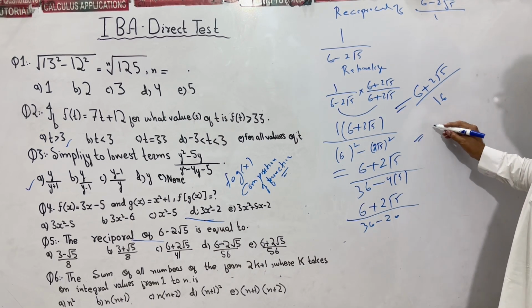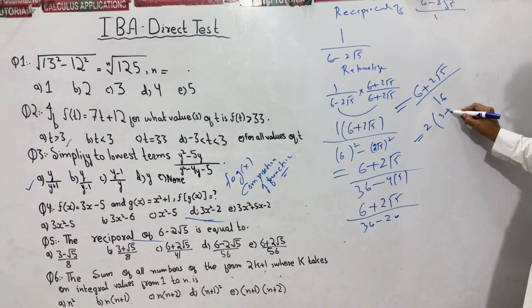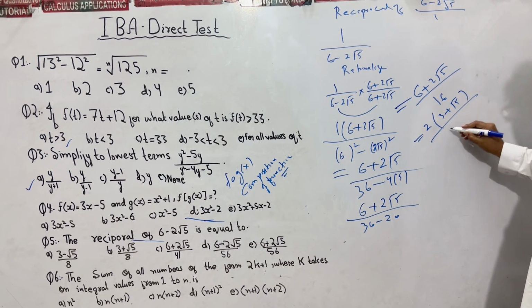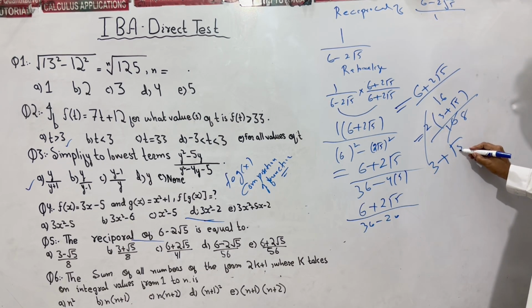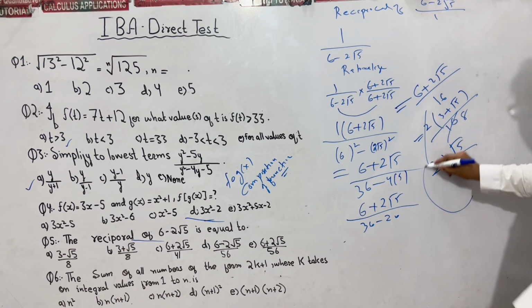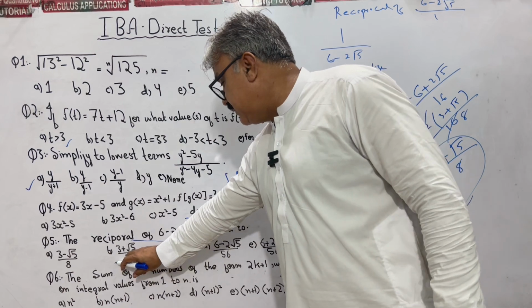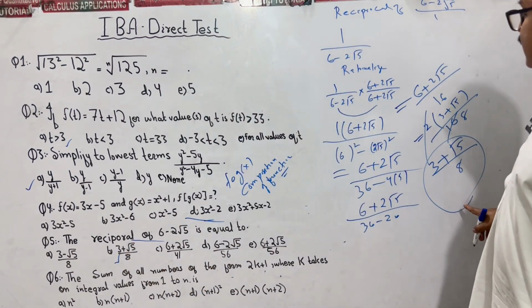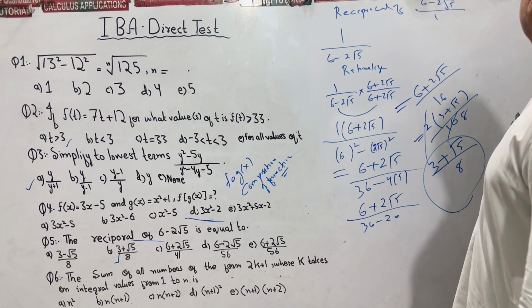Taking 2 common from the numerator, 2 is a common factor: 2 times 3 plus root 5 over 16. Applying the table of 2, 8 to the 16. So our eventual answer is 3 plus root 5 over 8. That's our answer in that case.